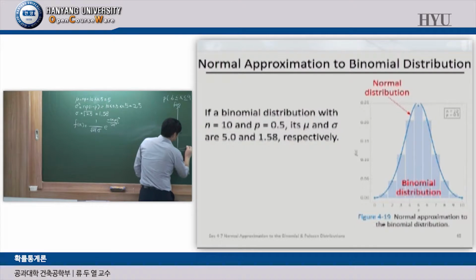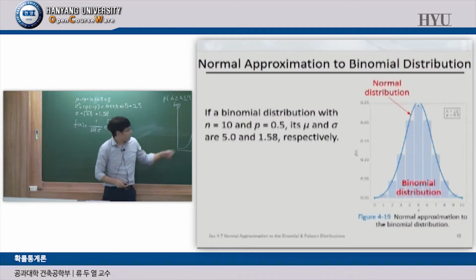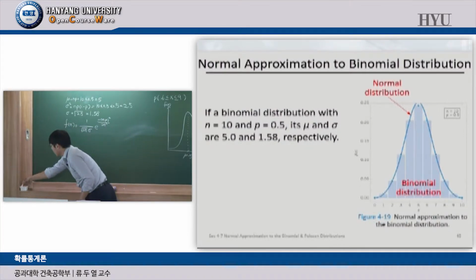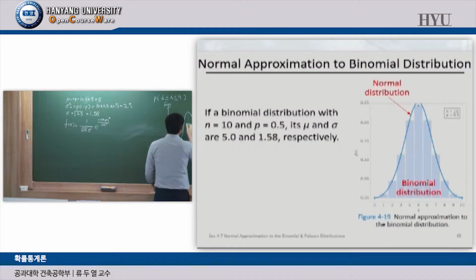We can draw this normal distribution first. This is mu equal to 5. And we have 6, 7, 8, 9 here, and we can draw the histogram here.